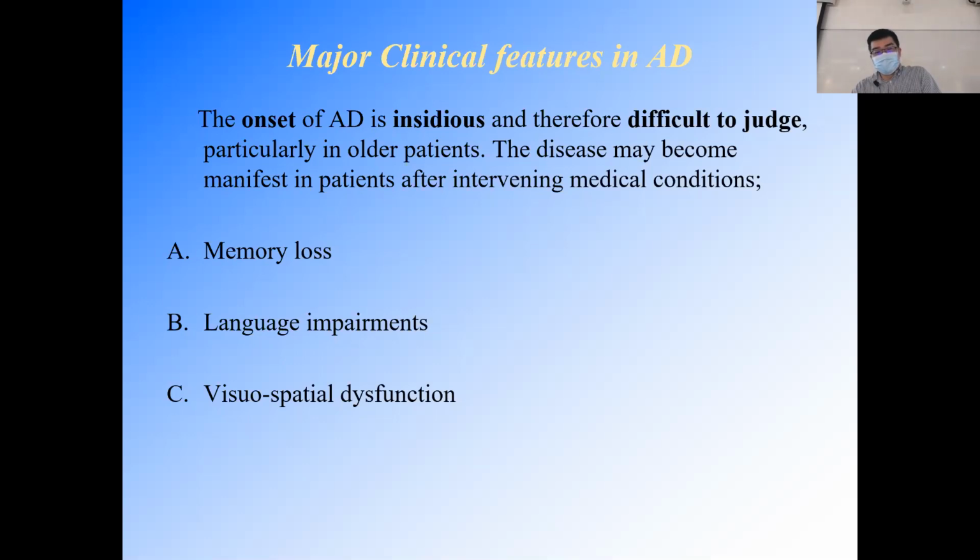As I mentioned, there are language impairments as well. Language is a very useful measurement to look into a person's brain function, particularly if you look at the grammar or the words and so on.